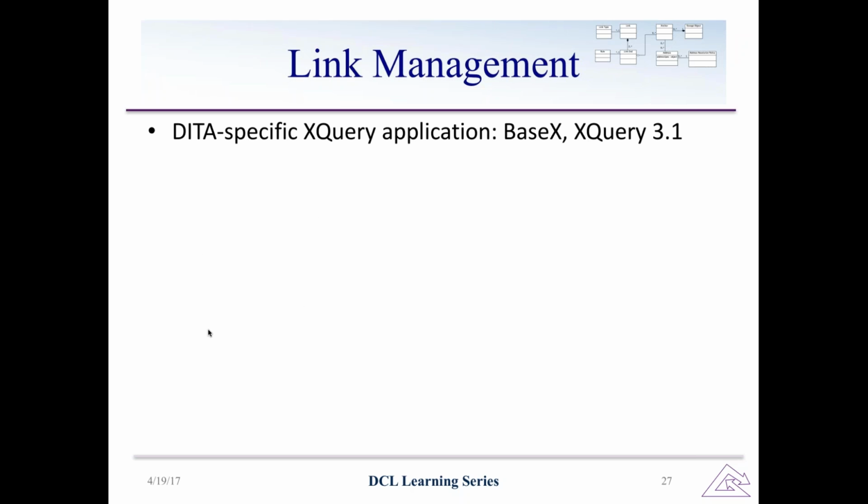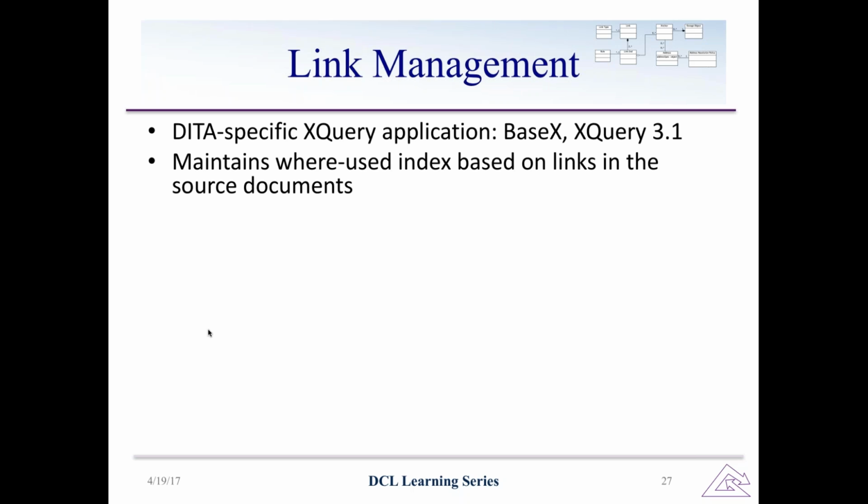All right, so link management. This is really where the data processing challenge is. So what I'm implementing is a DITA-specific XRay application. Right now, it's implemented on top of BaseX using XQuery 3.1. It could be implemented on top of any other XQuery 3.x capable system, MarkLogic exists, whatever.